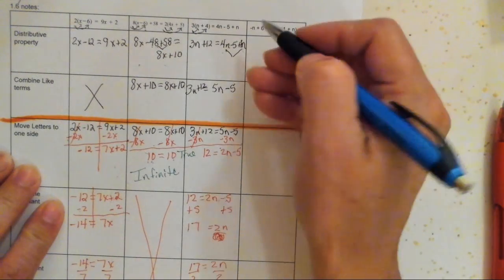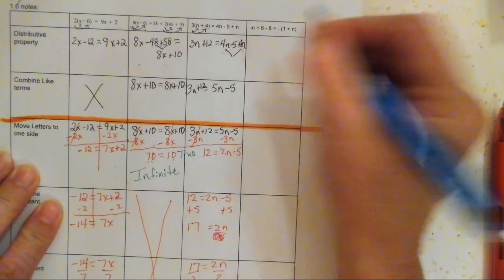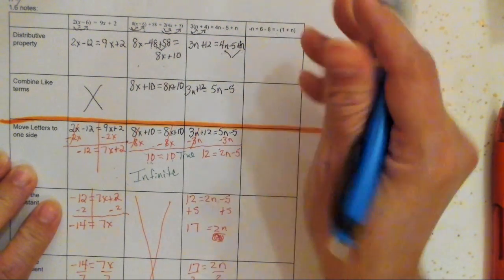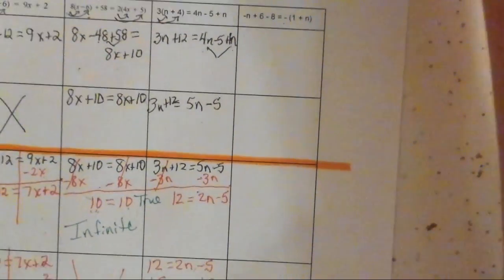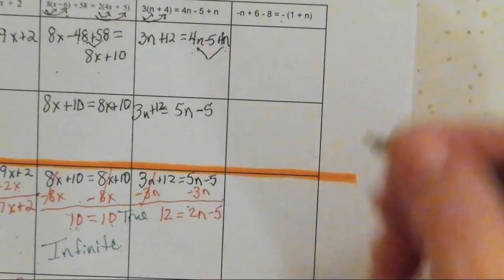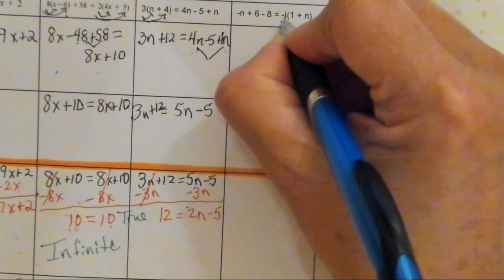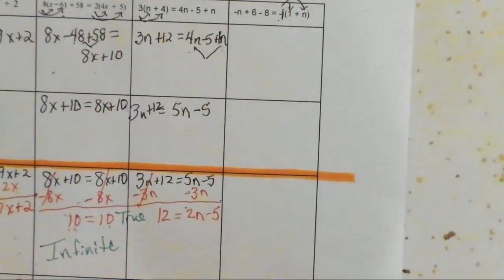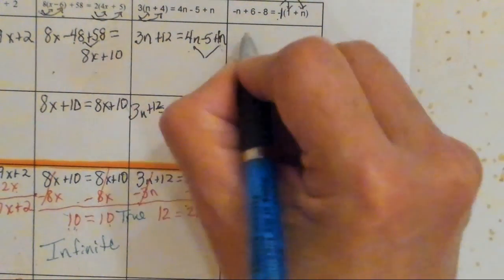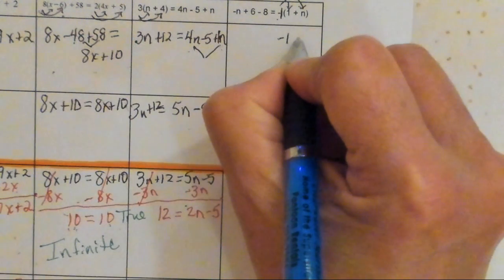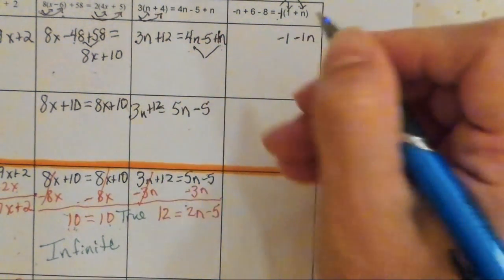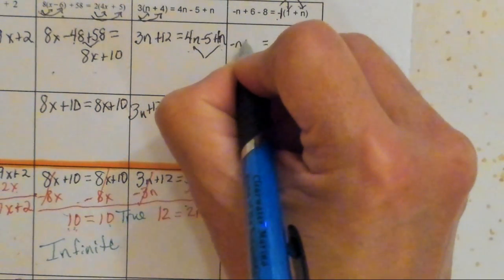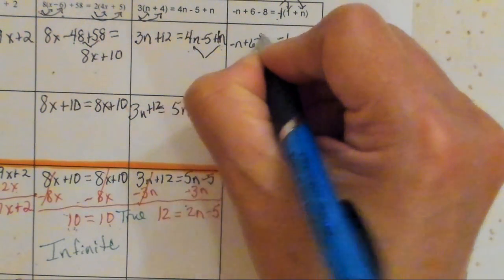Again, here, we have the distributive property. This is something that pops up occasionally. Notice there's a negative sign outside the parentheses. So that always means that we're going to distribute or multiply by a -1. So this becomes -1 minus 1n when I multiply by -1. This side stays the same, -n plus 6 minus 8.